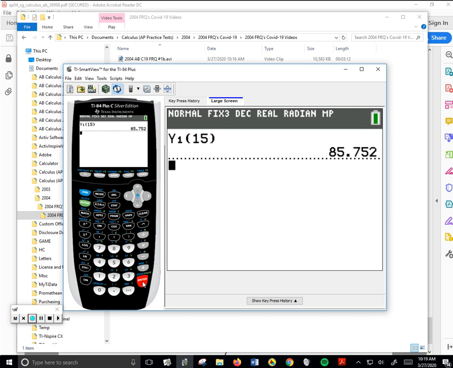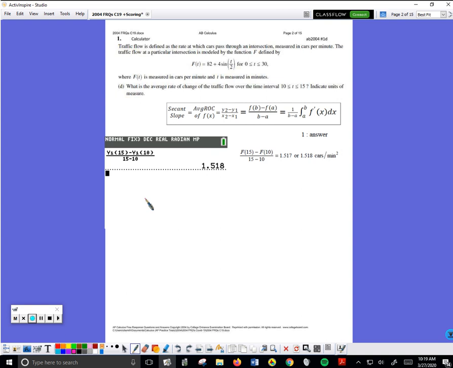So the traffic flow is 85.752 at hour 15. So 85.752. That's how many cars per minute are flowing at minute 15.